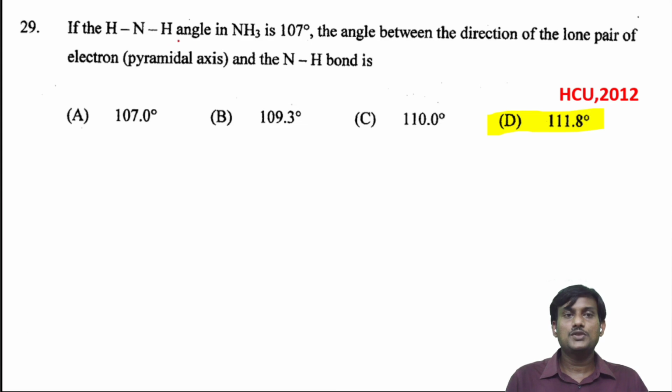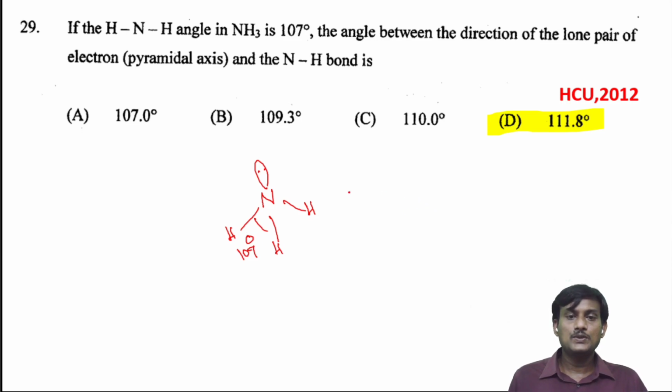If the H-N-H angle in NH3 is 107 degrees, the angle between the direction of the lone pair of electrons and the NH bond is. Let's take the structure. This is the NH3 and lone pair of electrons. Here the angle is given as 107 degrees.